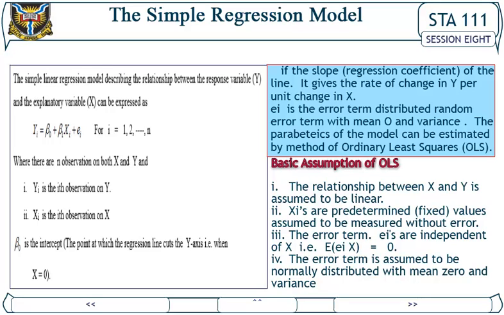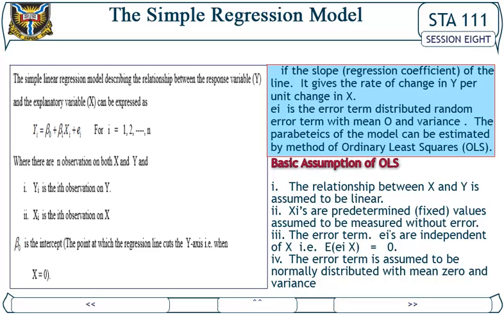The simple regression model. The simple linear regression model describing the relationship between the response variable y and the explanatory variable x can be expressed as yi = beta 0 + beta 1 xi + ei, for i = 1, 2, ..., n, where there are n observations on both x and y, and 1. yi is the ith observation on y. 2. xi is the ith observation on x.